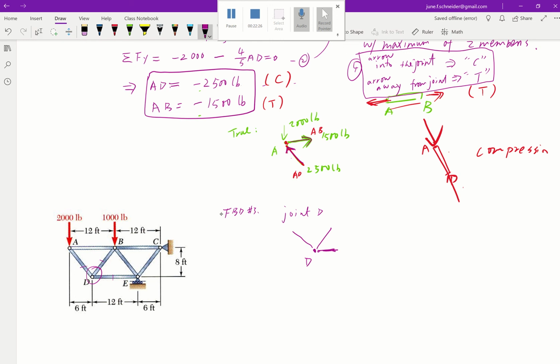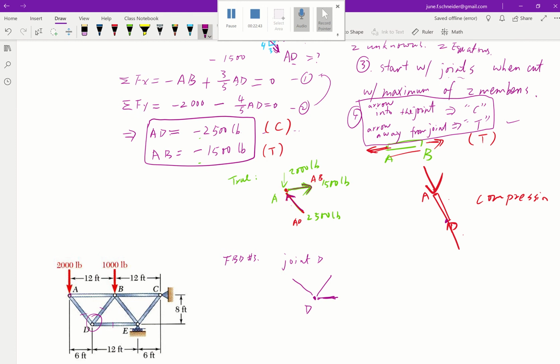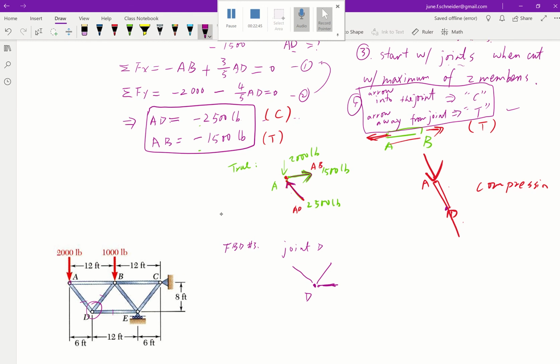Then we're going to figure out AD. AD, we already know it's 2500 in compression. And remember we said this trick? If it is an arrow into the joint, it's going to be compression. AD member is a compression member no matter on which side, whether it's on the A side or D side, because its D side is also compressed. So using this rule, it has to be pushing into there because AD is a compression member. I'm going to highlight this because this is very important.